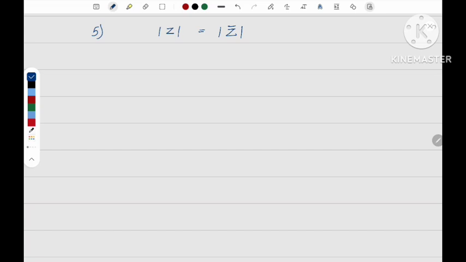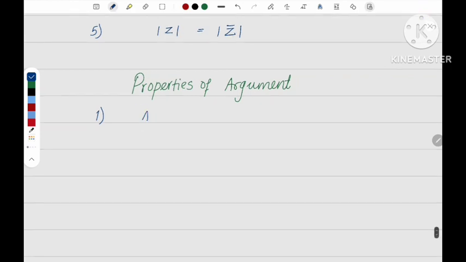Next I will take properties of argument. So what is the first property we are going to see here? The first property is the argument of multiplication of several complex numbers.